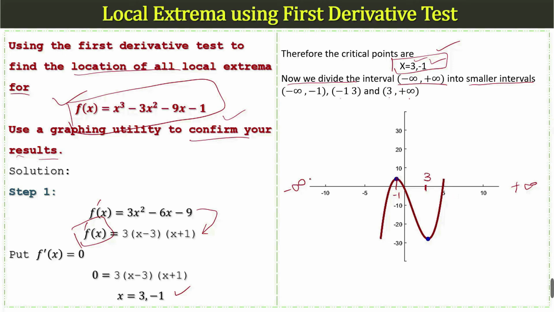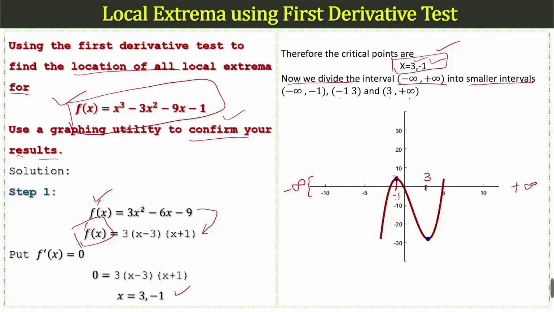In this interval we can check the derivative by taking any value and substituting it into f prime of x, from minus infinity to negative 1.